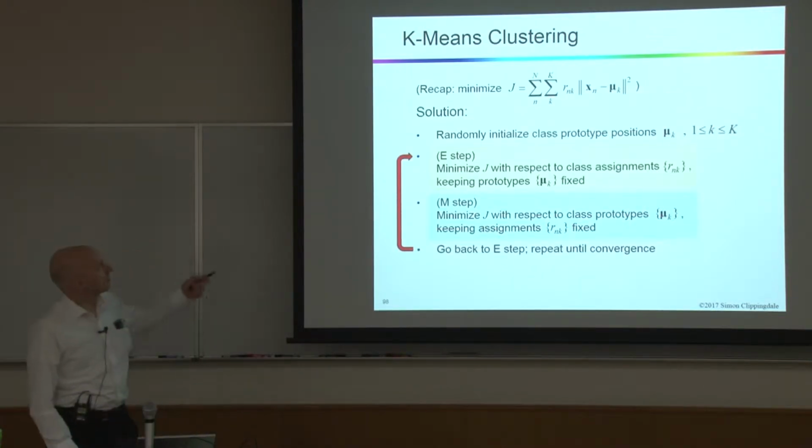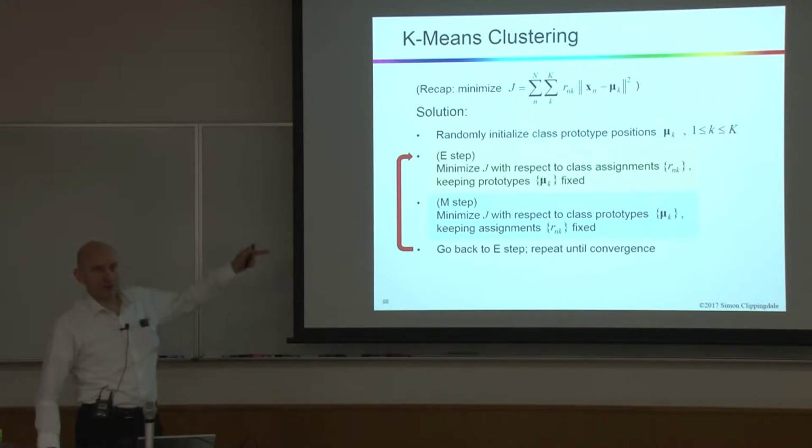Okay, so I've just rewritten this up the top here so you can look at it. The solution, the k-means algorithm, involves first you randomly initialize the class centers. You do get to pick how many there are. You don't have to work that out for yourself. And then we alternate so-called E and M steps. I've called them E and M steps because of the EM algorithm, which we'll get onto later, and these are very analogous to the steps in the EM algorithm. So randomly initialize your class prototype or class means.